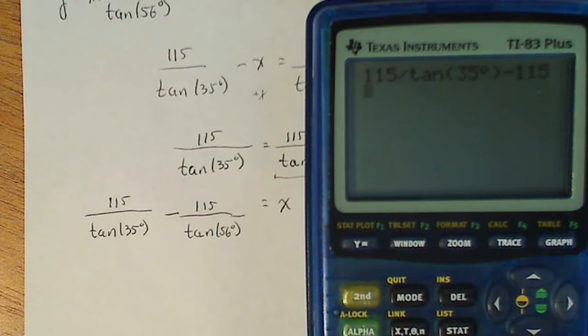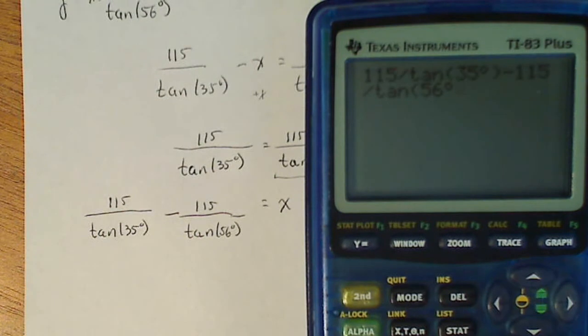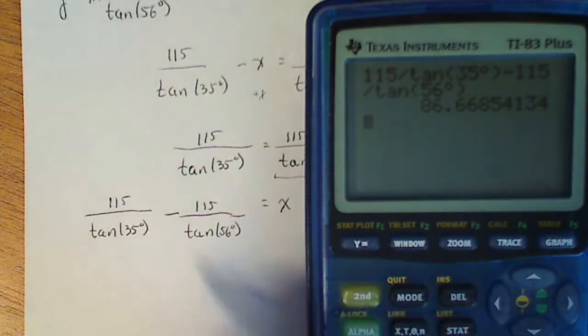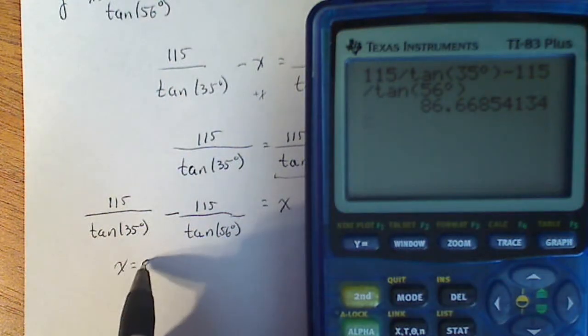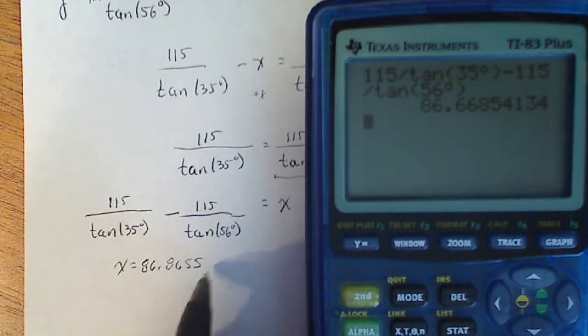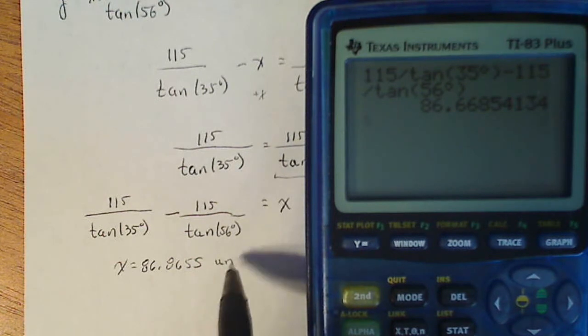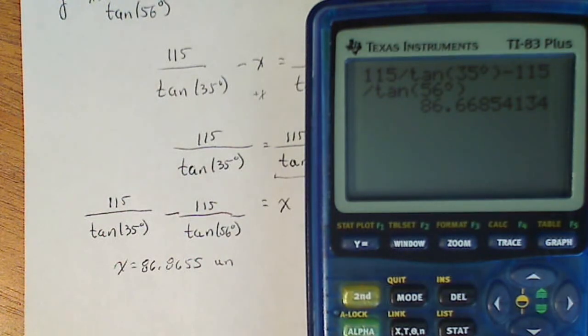Minus 115 divided by tangent of 56 degrees. And that should be my x value, 86.6685. So x is equal to 86.6685 units of measure, units, lengths, whatever. But it's not square inches or anything, it's just units.